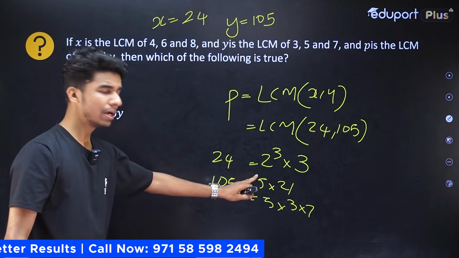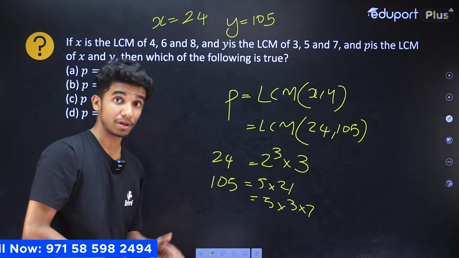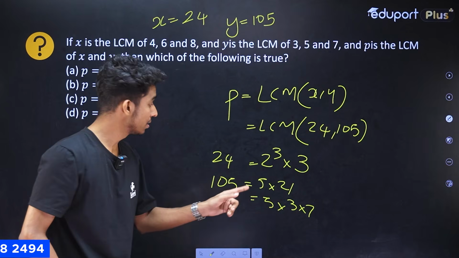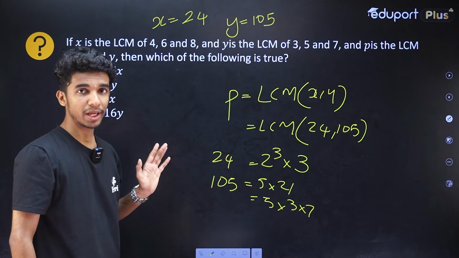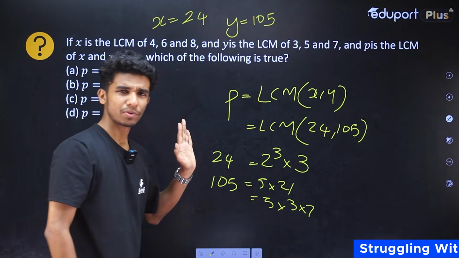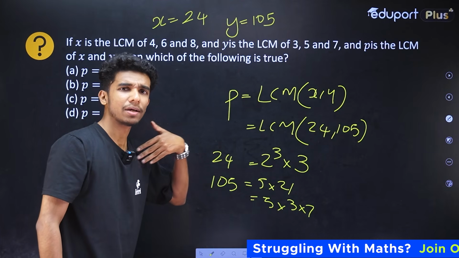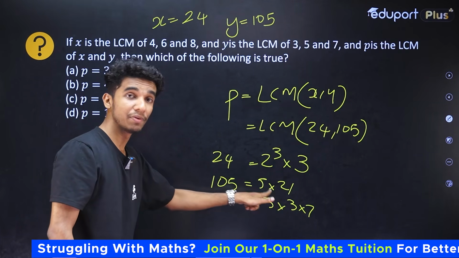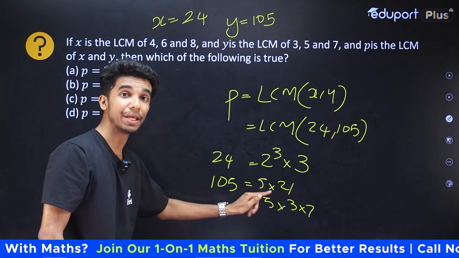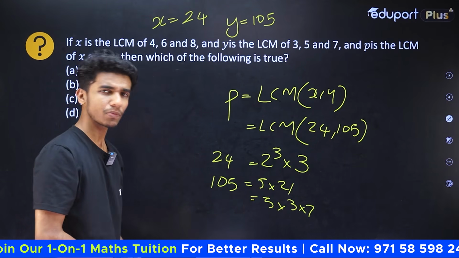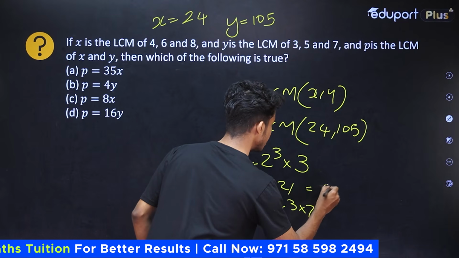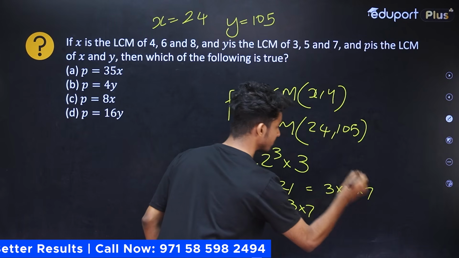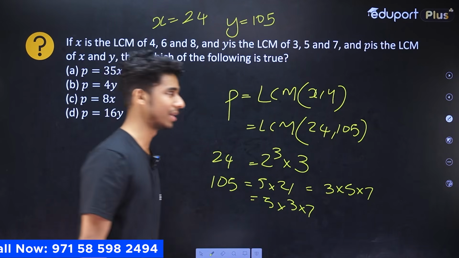We have already dealt with this, as we got 105 by 3 into 5 into 7, so don't do it again. Or else you can calculate it like I have done, 105 as 5 into 21, which is 3 into 5 into 7.